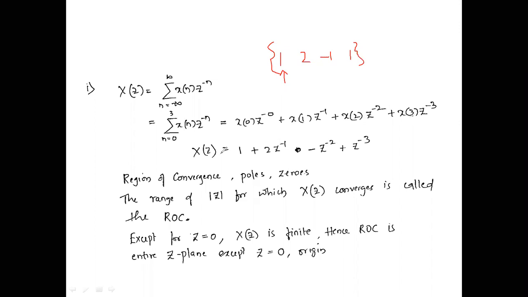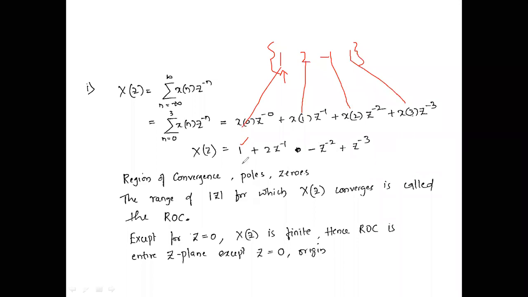Substituting, x of 0 is 1, x of 1 is 2, x of 2 is minus 1, x of 3 is plus 1. The first term anyway is 1, then 2 into z to the power minus 1.